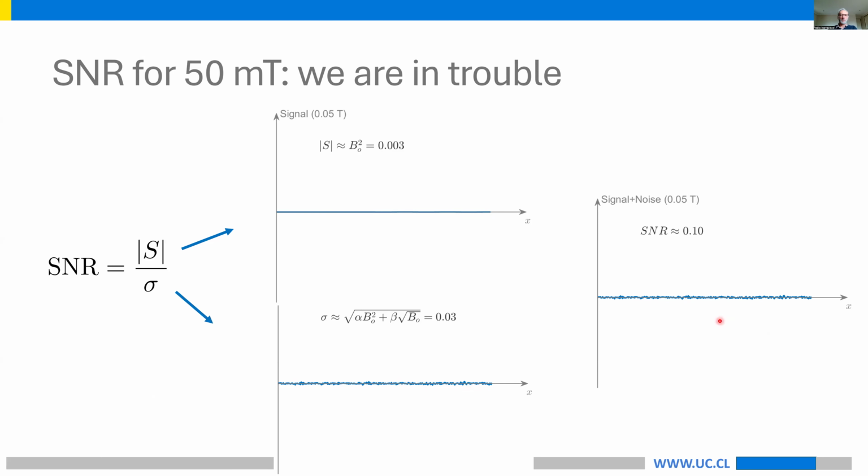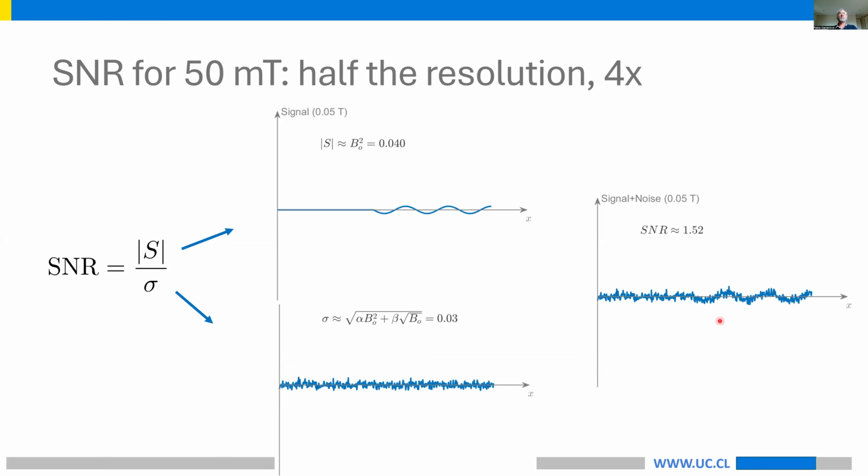So then you need to begin to work with other manners of getting rid of the noise. And one possibility is reducing the resolution. Let's say you reduce the resolution in half in both directions, so it's a 4-times reduction of the pixel size. Then your signal increases by 4 times, because the pixels are bigger.